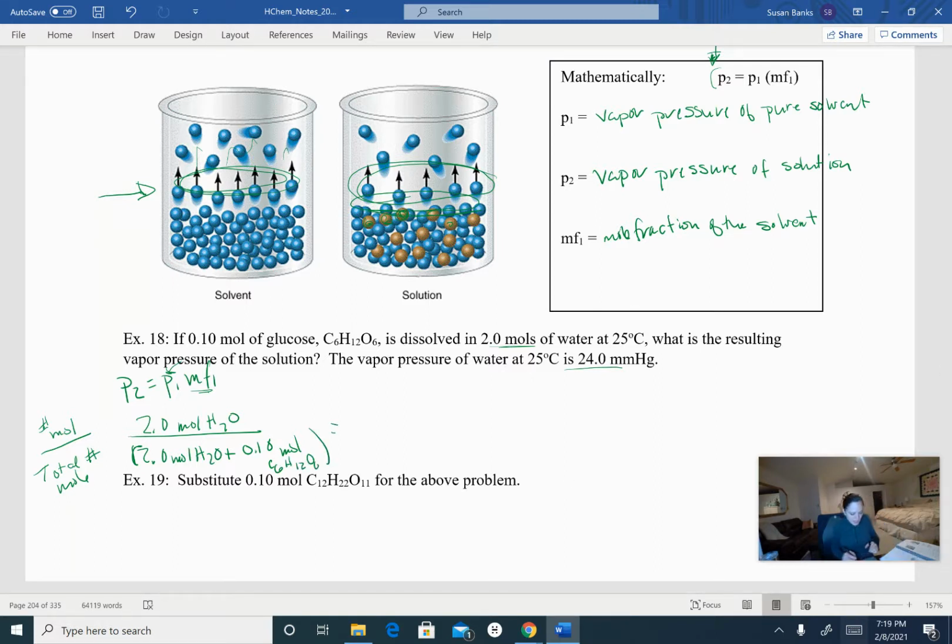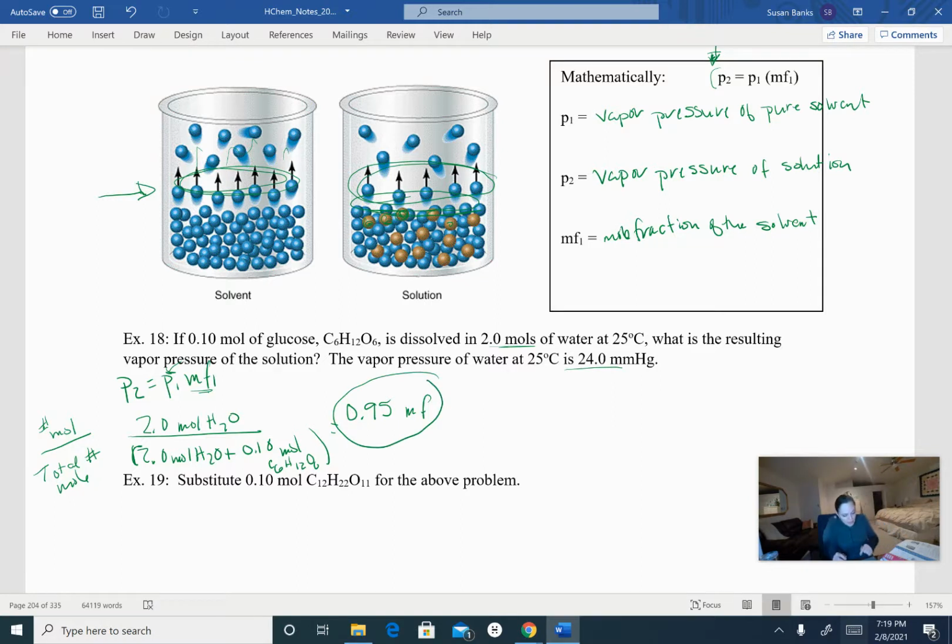That's really going to be 2 divided by 2.1, correct? So let's do that mathematically. 2 divided by 2.1, with 2 sig figs, we get a mole fraction of 0.95. That is my mole fraction.